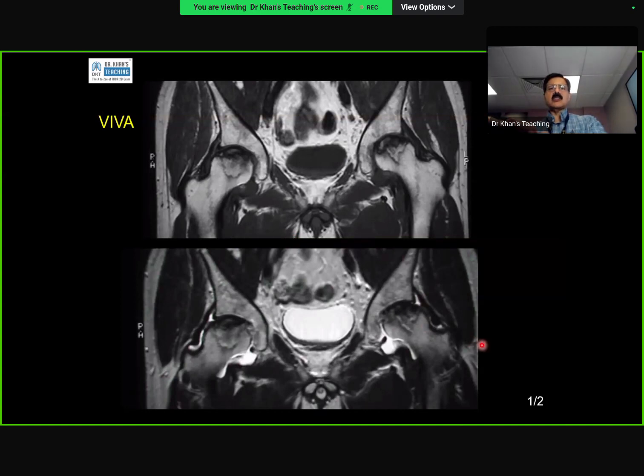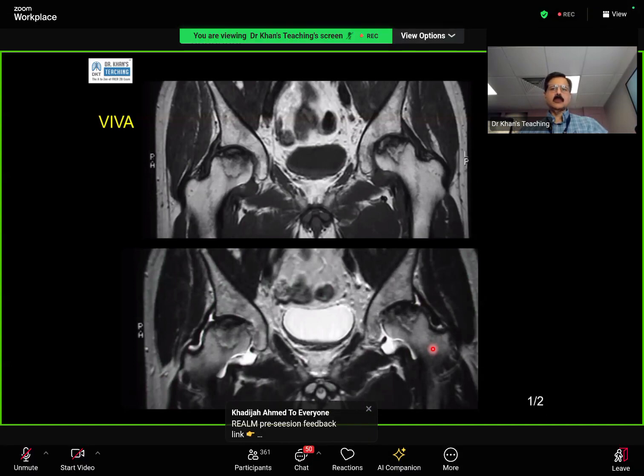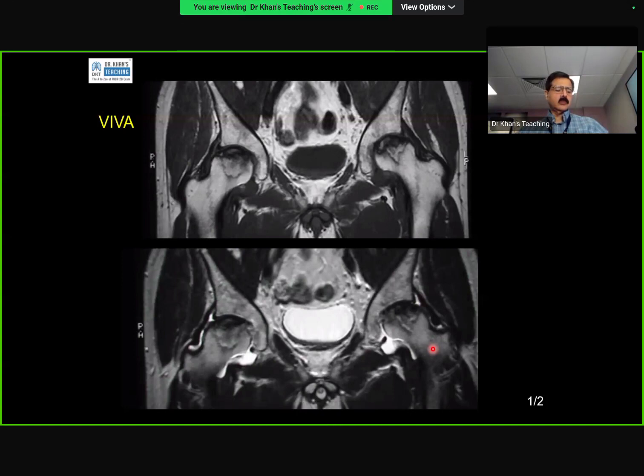Now, this is this. Candidate 5, can you describe this for me? Yes. In this case, there is bilateral AVN, as evidenced by a mild collapse of bilateral femoral heads, and along with that, I can see geographic areas affecting the bilateral femoral heads in a subchondral location, present on both sides.